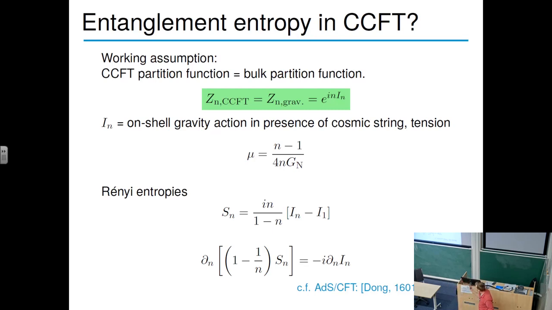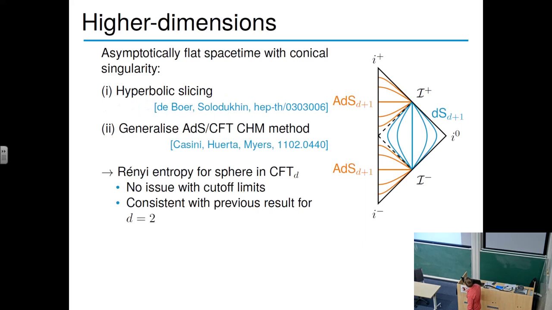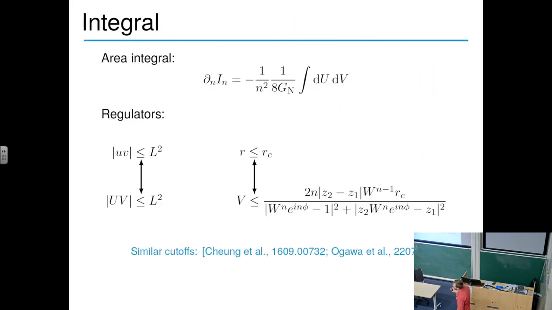So one calculation that I didn't mention that we did do was, on this large R cutoff that I had, let's assume we have Gibbons-Hawking, and then you end up with a divergent action, which you can remove with some counterterm. This was following a paper by Ogawa and Takayanagi, a wedge holographic approach to flat space.